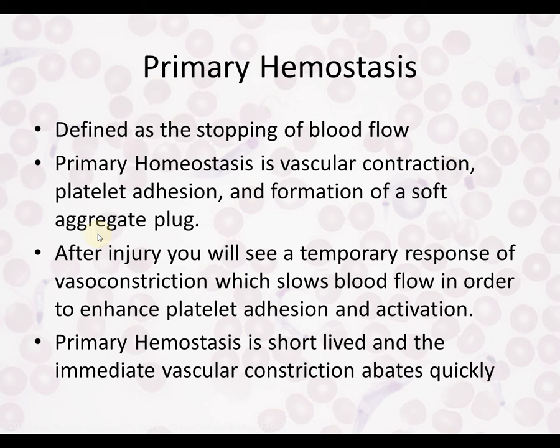Primary hemostasis is characterized by vascular contraction, platelet adherence, and formation of soft aggregate plugs. After injury occurs, the initial temporary response is vasoconstriction. Vasoconstriction slows the blood flow and thereby enhances the platelet adhesion and activation.